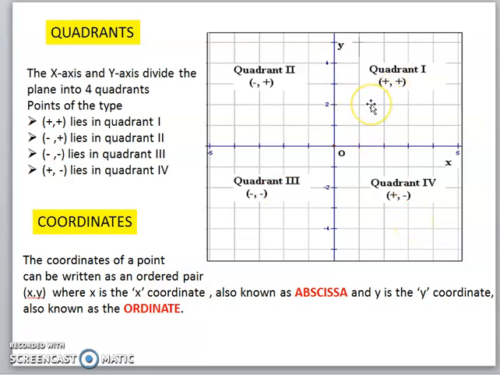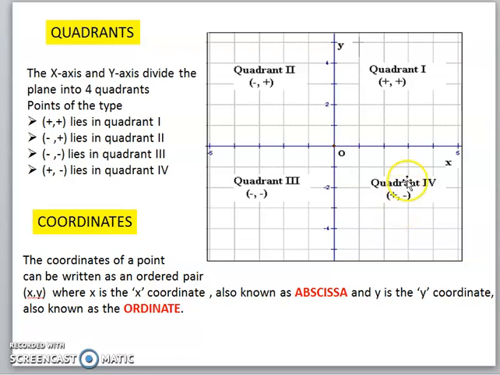Now quadrant 1 has both x and y values as positive. X coordinate is also positive and y coordinate is also positive. In the second quadrant, x is negative, y is positive. In the third quadrant, both x and y are negative, and in fourth quadrant, x is positive but y is negative.